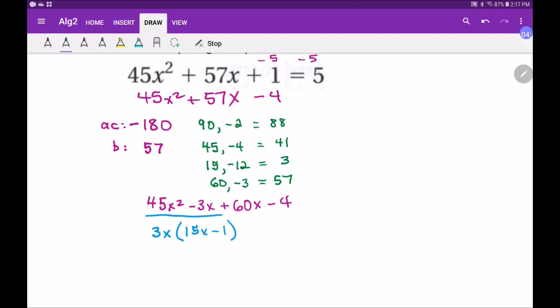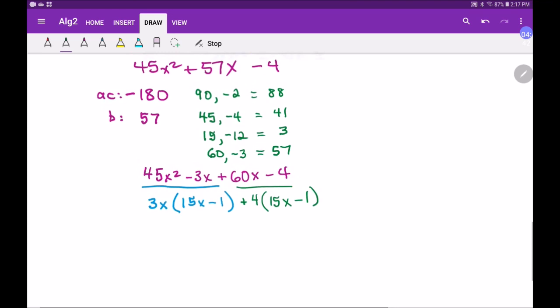And then for this next one, I'm taking out a 4, so plus 4, and that leaves behind 15x and minus 1. All right, so now I can see what my factors are going to be. It's going to be 15x minus 1, and it's going to be 3x plus 4.